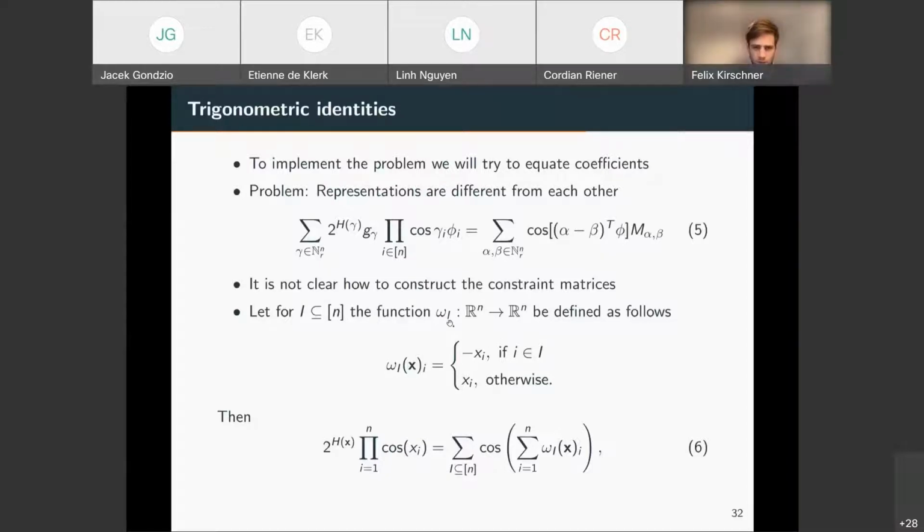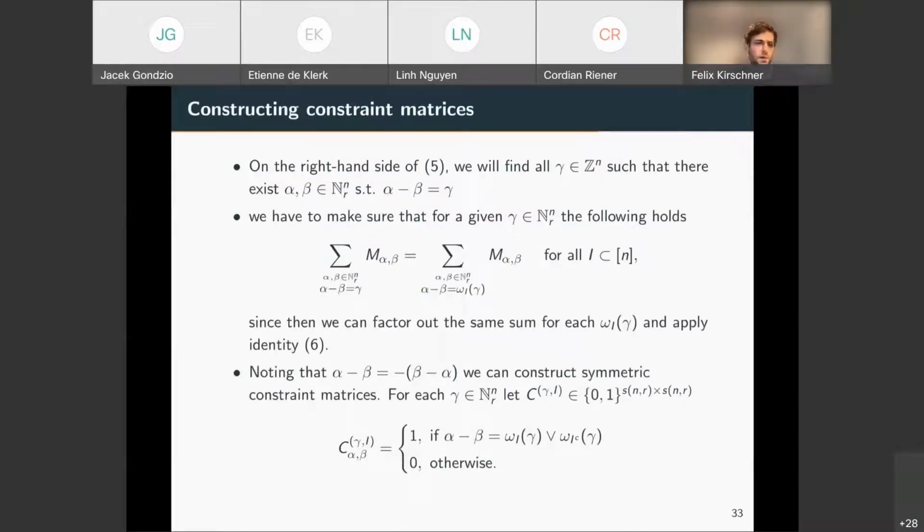Define the function omega_I to be the function that flips the index of the input vector if i is in I. Then what you can prove is that 2 to the Hamming weight of x times the product of the cosines of x_i is equal to the sum over all subsets of this set, of the cosines of the sums of the omega_I of x_i. This is easily provable by induction, but for now you will just have to believe me, because I don't have enough time.